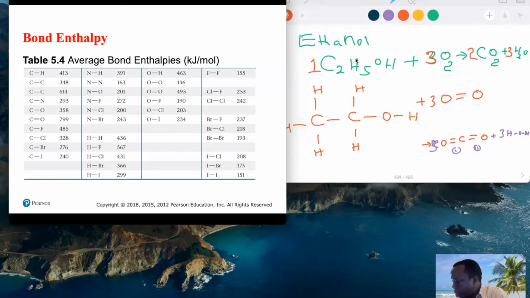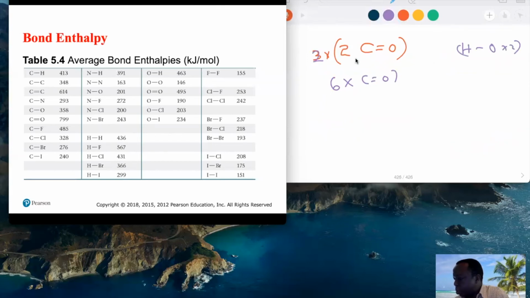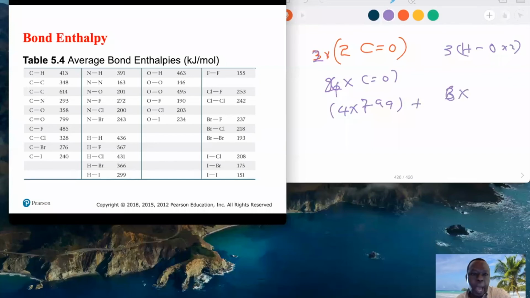Yeah, this was 2. I meant to say 2 times 2. So this is 2, not 3. And then this 3. So this is 4. We'll multiply by 4 carbon, oxygen. 4 times 799 kilojoules plus for the reagent 3 times or 6 times oxygen, hydrogen is 463.